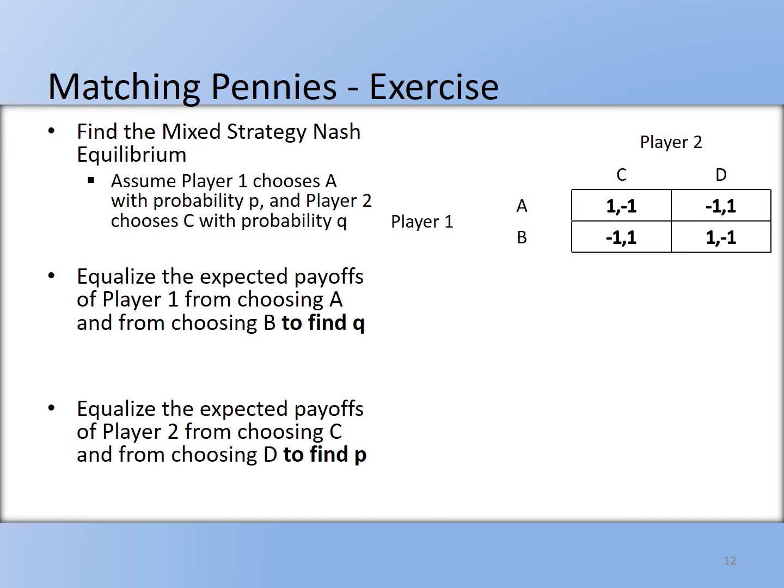If player 1 chooses action A with probability P, and player 2 chooses action C with probability Q, and you want to find Q, the probability adopted by player 2, you have to equalize the payoff of player 1. Why equalize payoff? Equalizing payoff means you don't care which action you use, so you're willing to randomize.